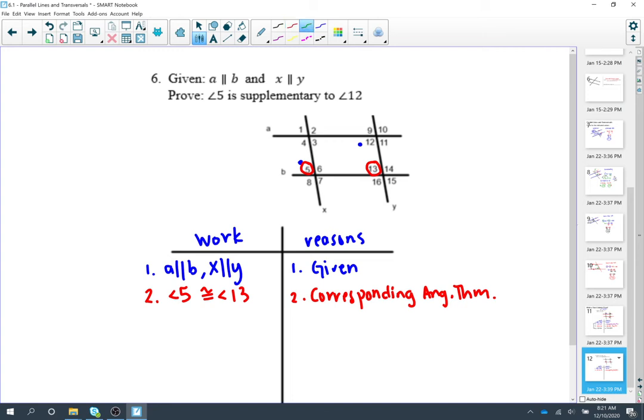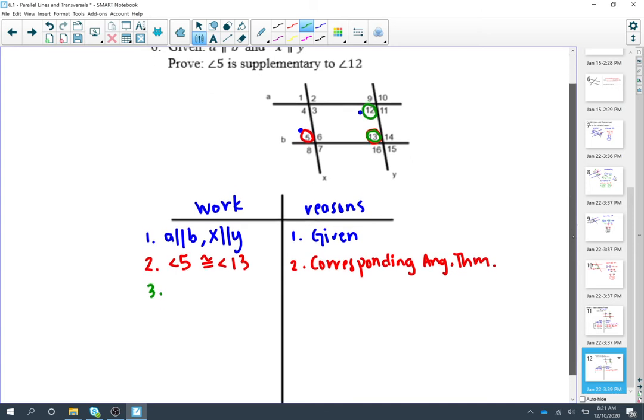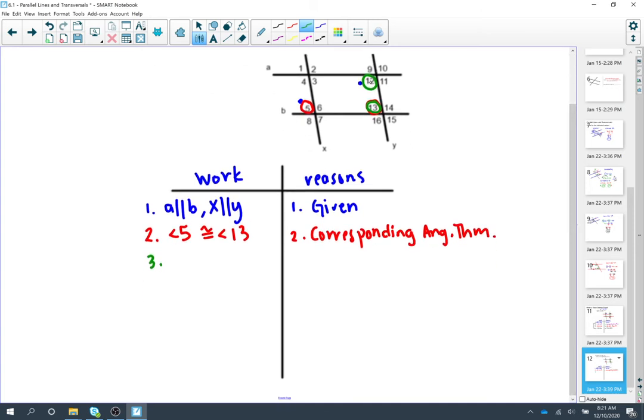Now from there, I'm going to try to get from 13 up to 12. Well, they do have a relationship. If you go look really carefully, 13 and 12 are on the same side of the transversal. So the blue one is the transversal. They are both on the left. And then the green ones are going to be the parallels, and they are both on the inside.